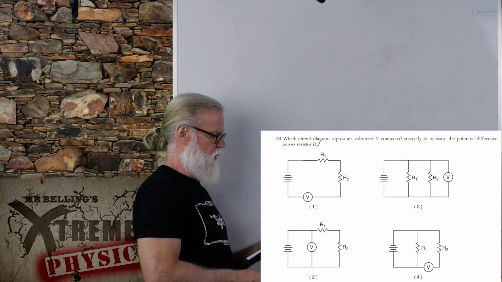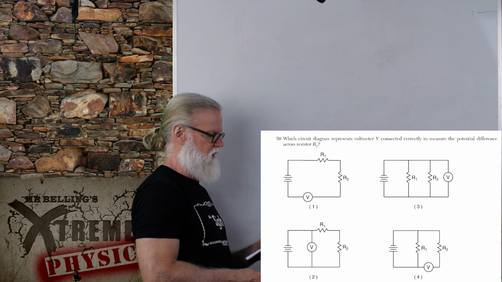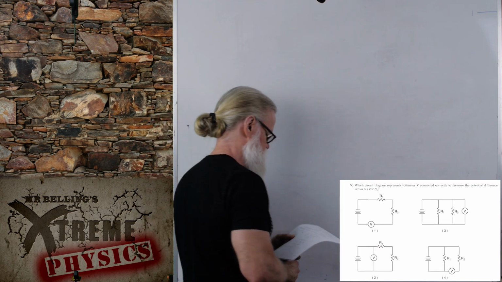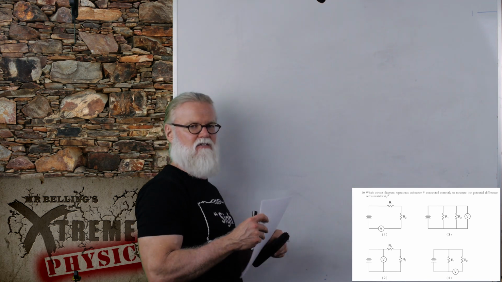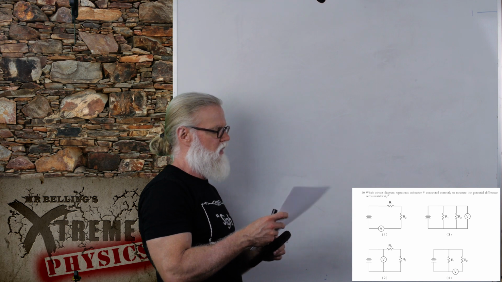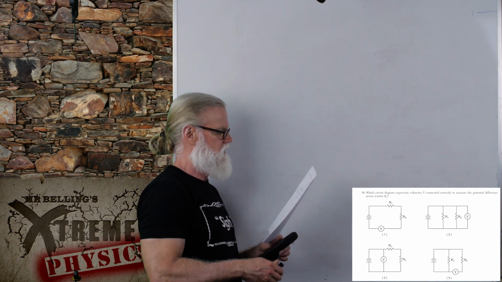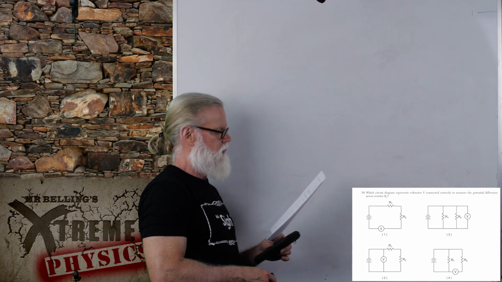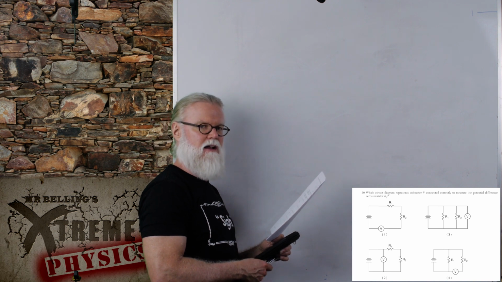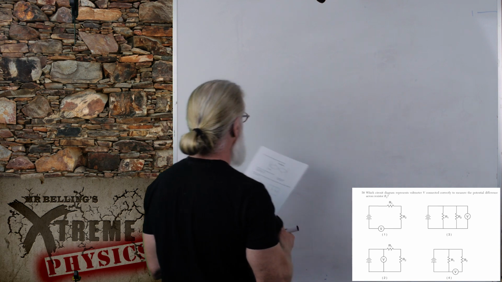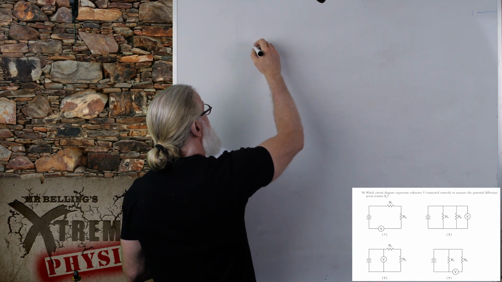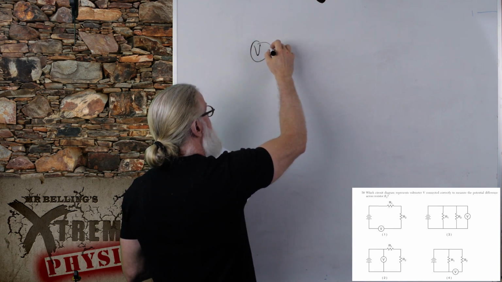Which circuit diagram represents a voltmeter connected correctly to measure potential difference across R1? Now, remember, our electrical devices have to be designed in such a way that they don't affect the thing they're measuring. You don't want your measuring device to affect the thing you're measuring. So here's my voltmeter.